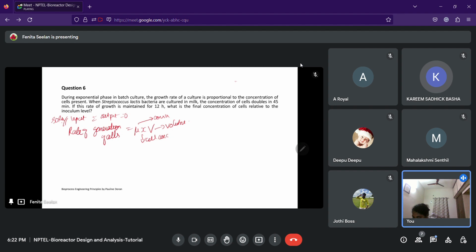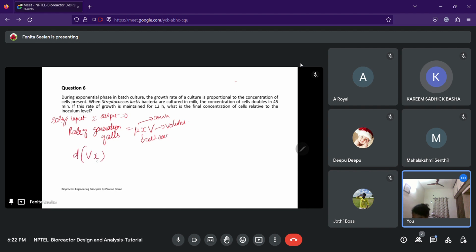Now the total mass of cells, we will give the term M, and it is equal to the culture volume multiplied by the cell concentration. So we can write that as d of V into X by dt.